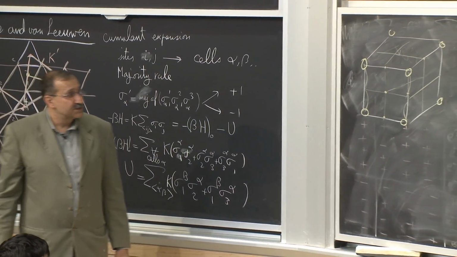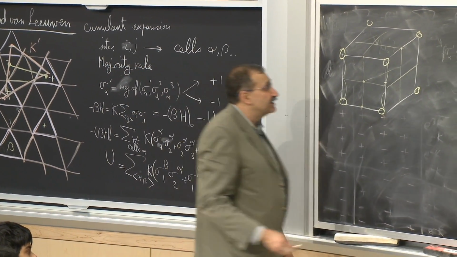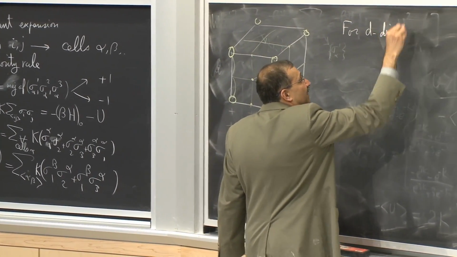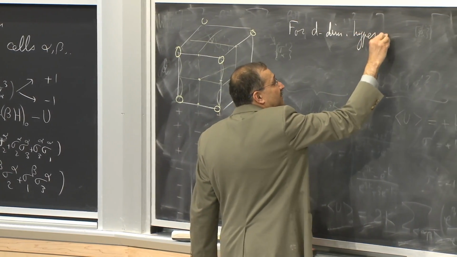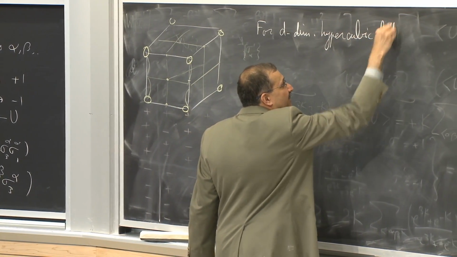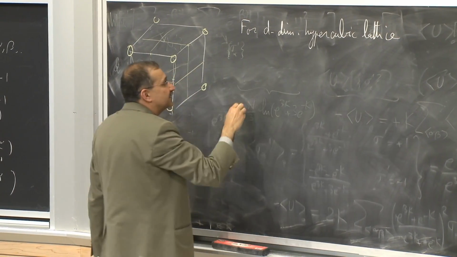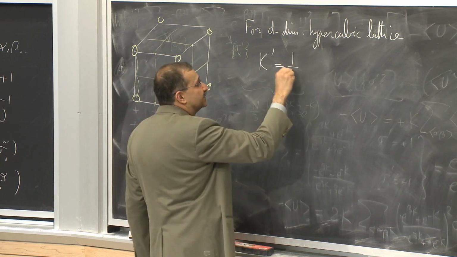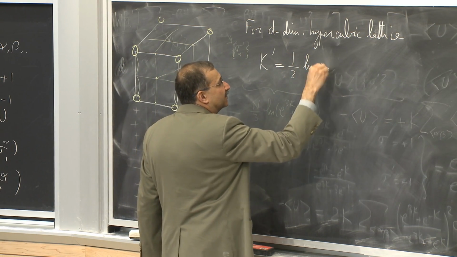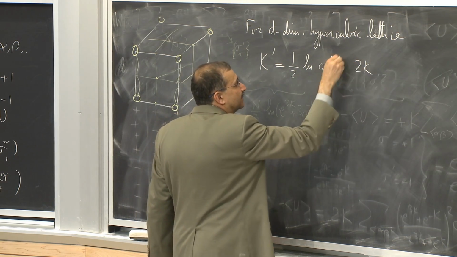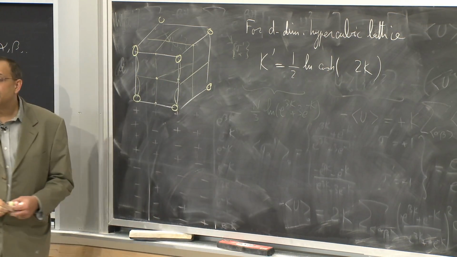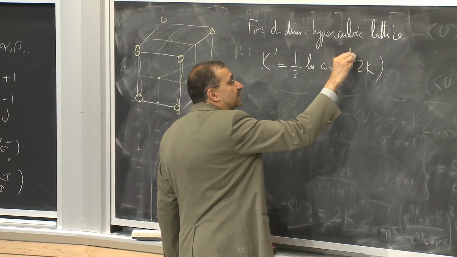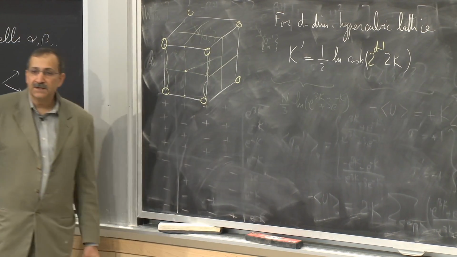And you can convince yourself that if I had done this in a d-dimensional hypercubic lattice, what I would have gotten is again the one-dimensional recursion relation, except for this enhancement factor, which is 2 to the power of d minus 1 in d dimensions.